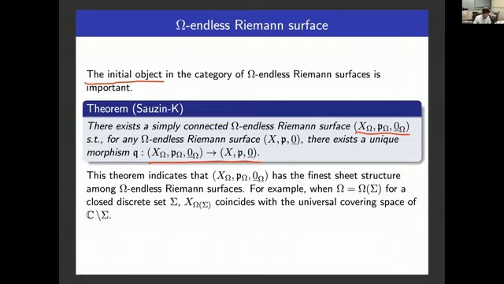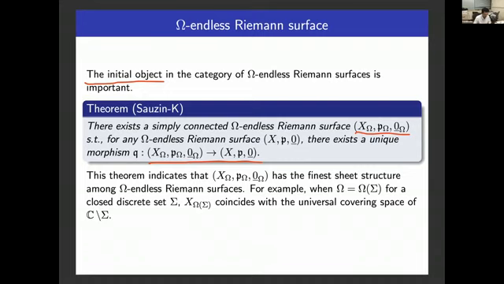And the important point of this theorem is that it indicates that X_omega, P_omega, 0_omega has the finest sheet structure among omega-endless Riemann surfaces. So the initial object gives the finest sheet structure.